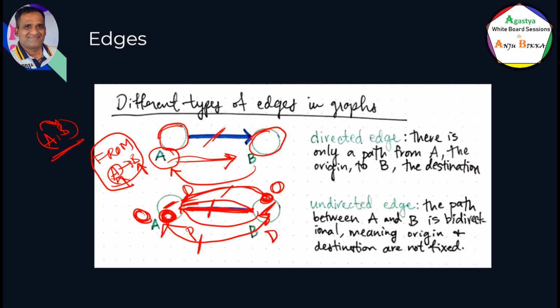So in an undirected path, origin and destination are not fixed. This is very important. In the directed case, they are fixed.